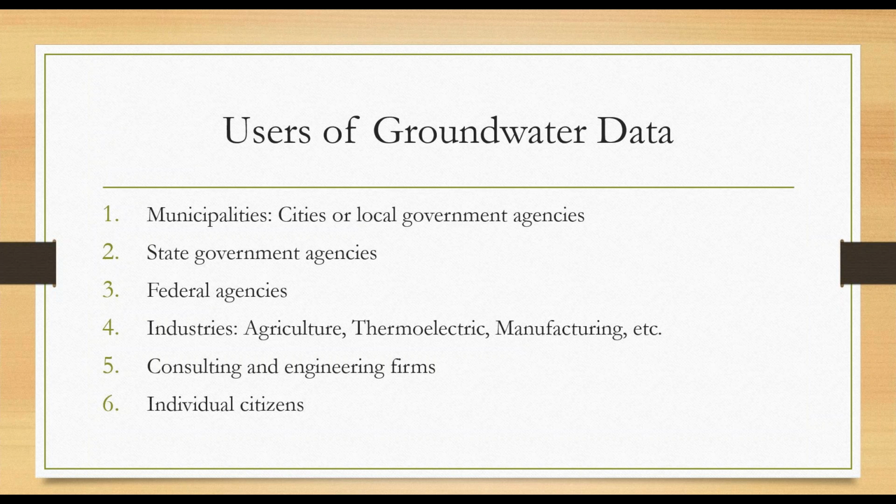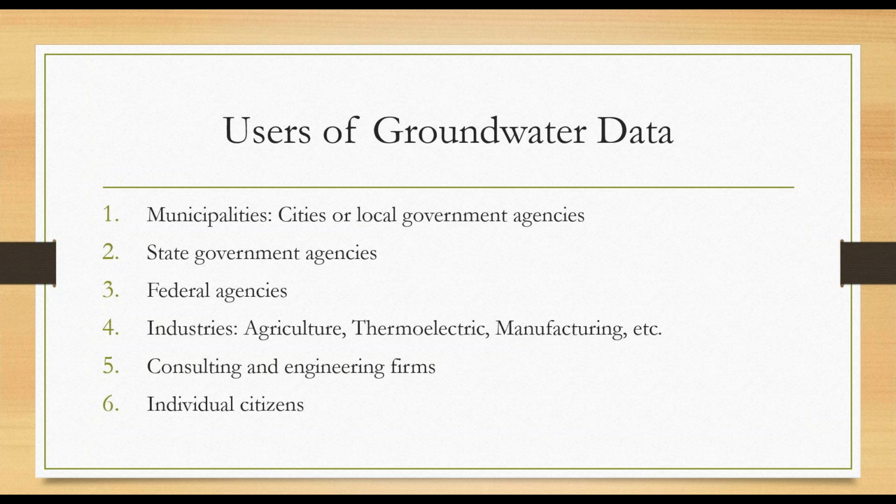So they'll use USGS groundwater data to decide how to appropriate water use. Federal agencies are also large users of groundwater data from USGS. The Department of the Interior, for example, manages a lot of the Western lands and land use, and they also use our data.